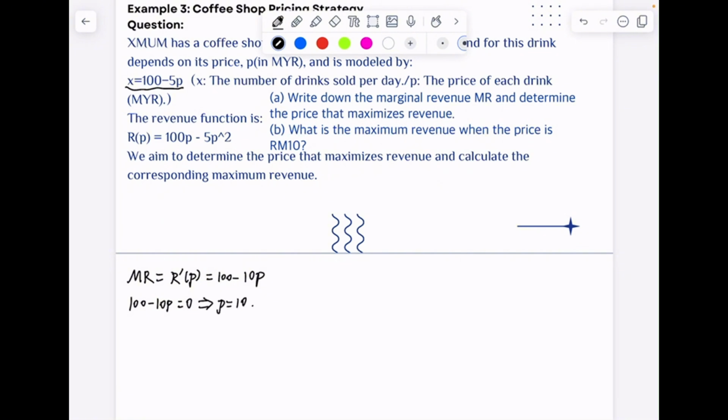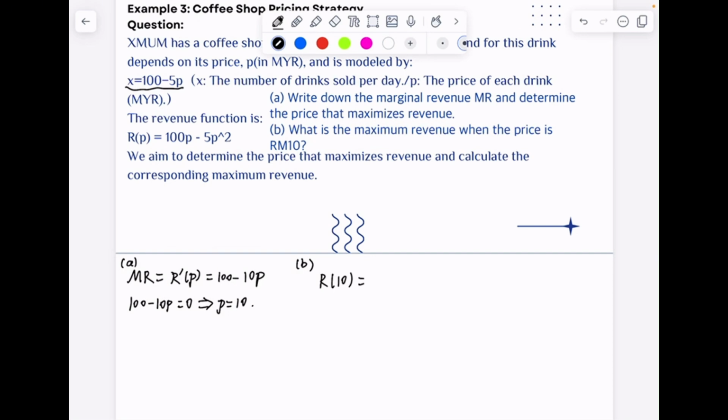And this is question A. For question B, we can know that the maximum revenue when the price is RM10 equals R(10).